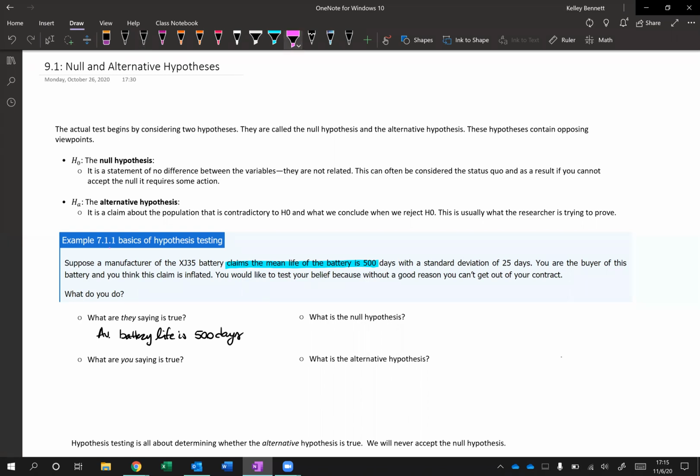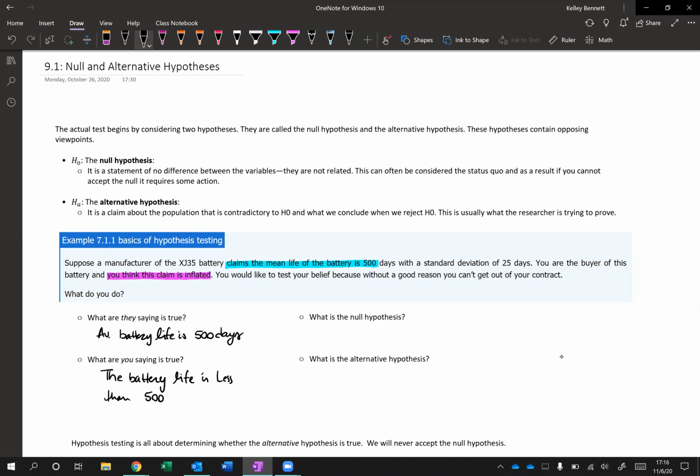What are we saying? We think that the claim is inflated. So we're saying that the battery life is less than 500, right?